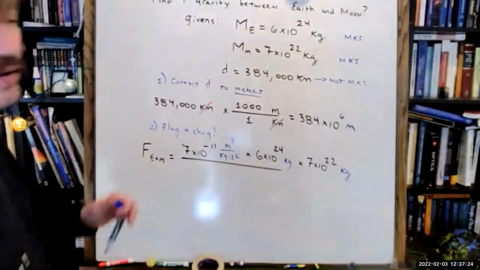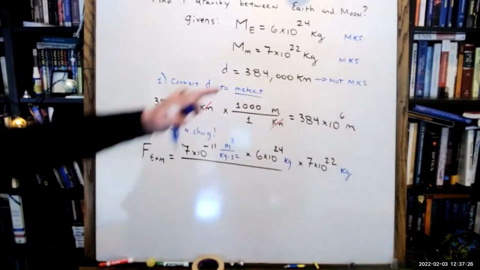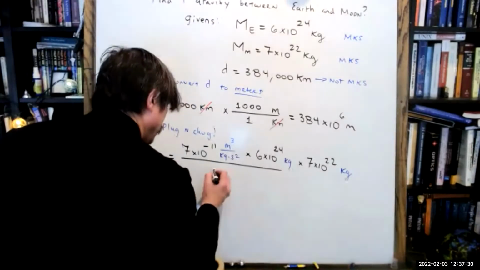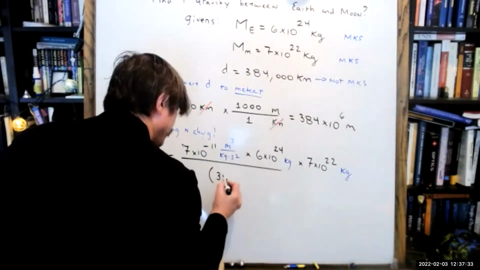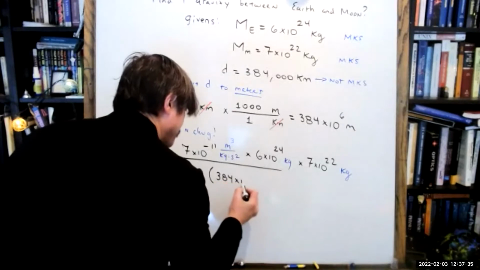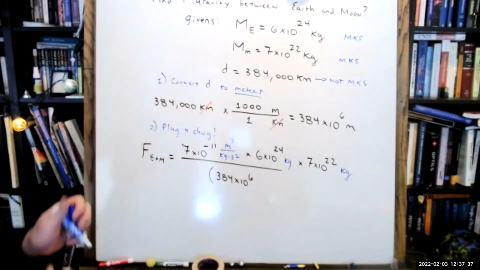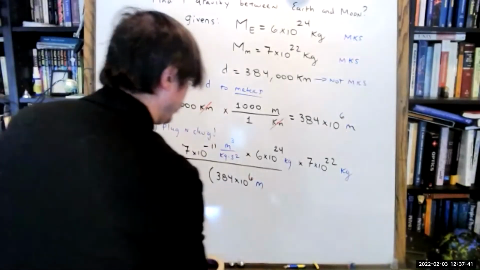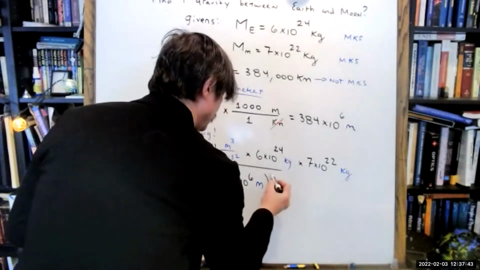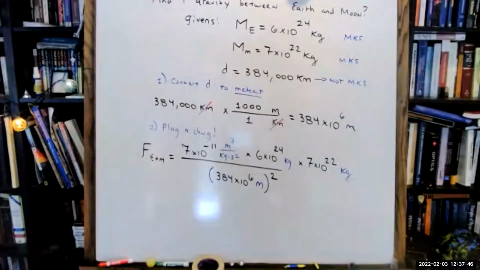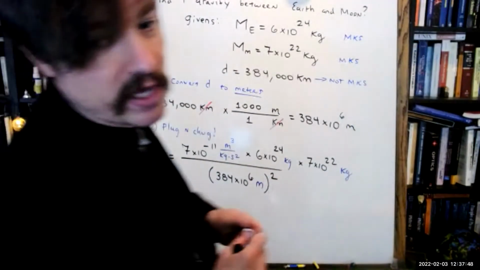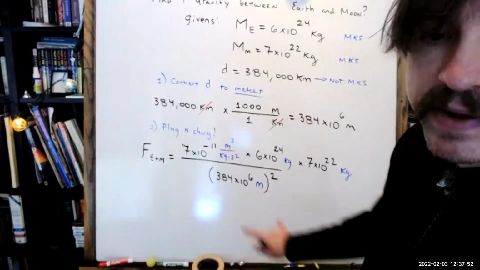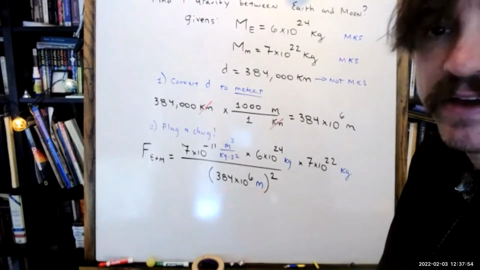And I want you to watch how I write this next part. Divided by the distance squared. I'm going to put open parentheses 384 million, 384 times 10 to the 6 meters, and then I close the parentheses and square it. I am going to be writing in parentheses here where there's a square, but I will not need to type this into my calculator.